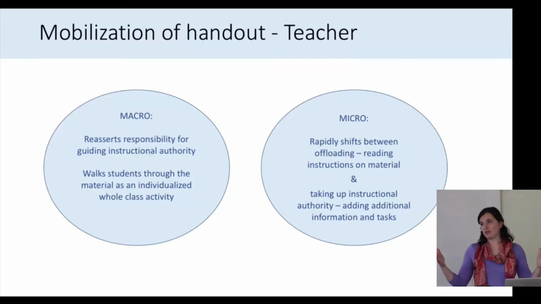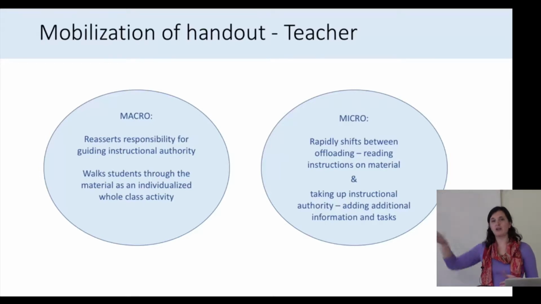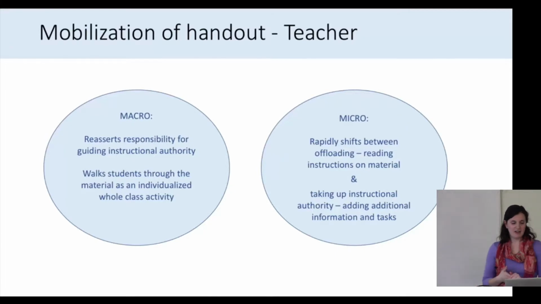On the macro, in general, throughout this whole lesson, she was reasserting her responsibility for guiding the instructional activity. And the way that she did this is that she walked the students through the material step by step. She had it projected on the board, while the students all had it on their iPads, and she talked them through each step of the material, which may or may not have been necessary based on the cues that are on the material itself.